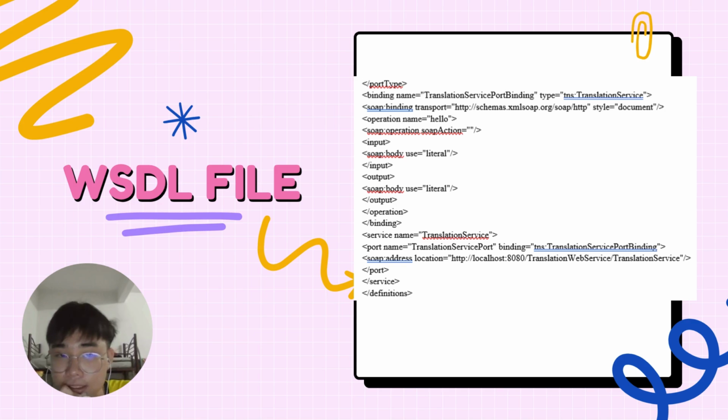And the last one is the service element. The service element's purpose is to define the endpoint where the service can be accessed, and the details: SOAP address specifies the URL for the service.